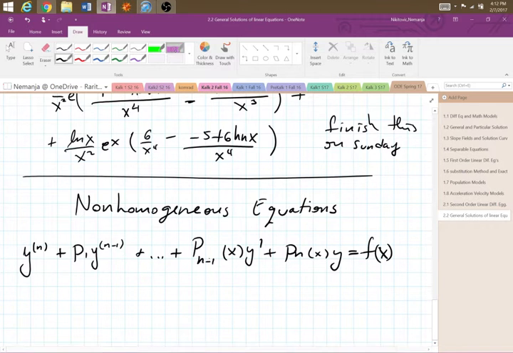And the word non-homogeneous here alerts us that this is not 0. That's what you learned last class, if you got to the point where you're learning.